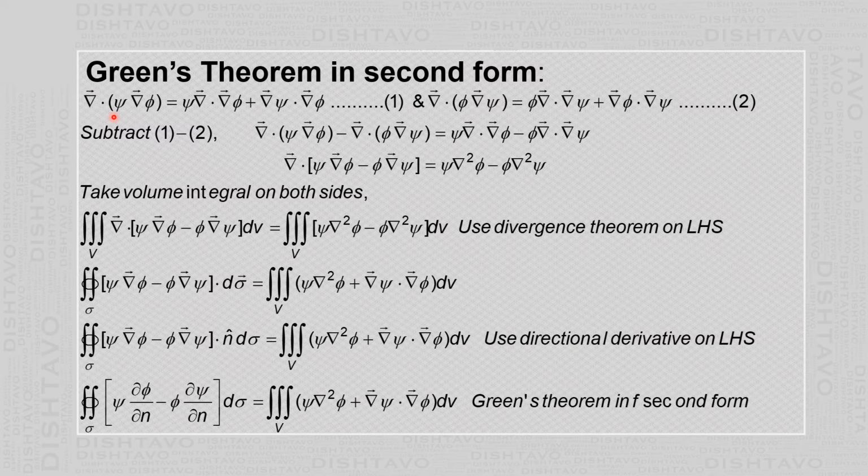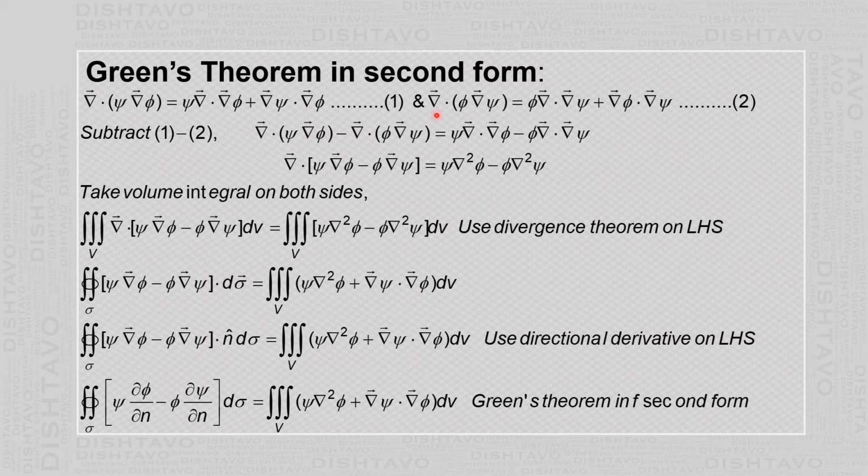Product here of the two functions, one function is psi, other function is grad phi. So that is equal to the first function, that is psi, derivative of the second function, that is del dot grad phi, plus derivative of first function that is grad psi dot the second function, that is grad phi.